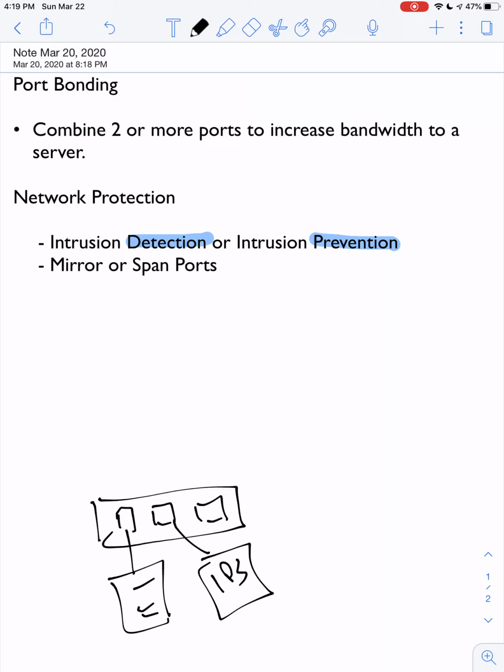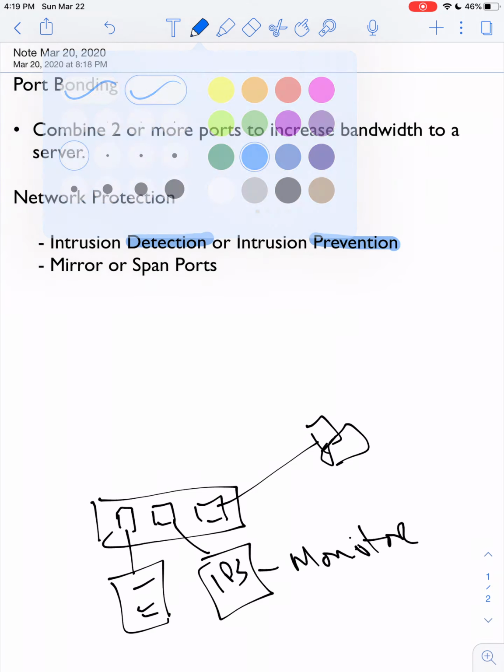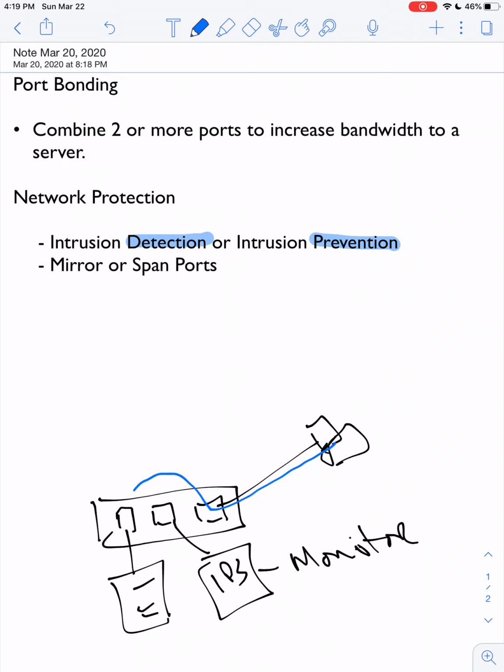It could be Wireshark, some kind of monitoring device. Now keep in mind this is a switch, so if we have something out here communicating with the server, remember it's a layer 2 switch, or multilayer switch, doesn't make any difference. What we're seeing here is traffic coming from here and going over to this server and then coming back to that server, and it's bypassing our IPS, or intrusion prevention system.